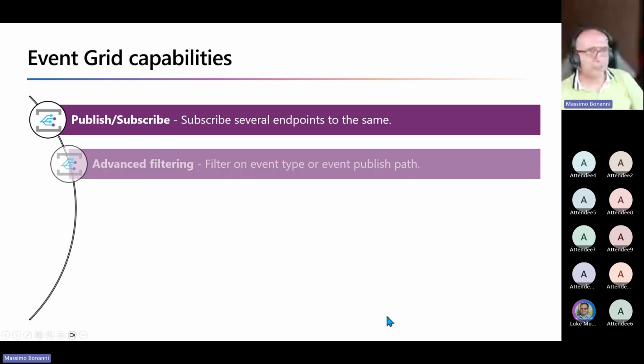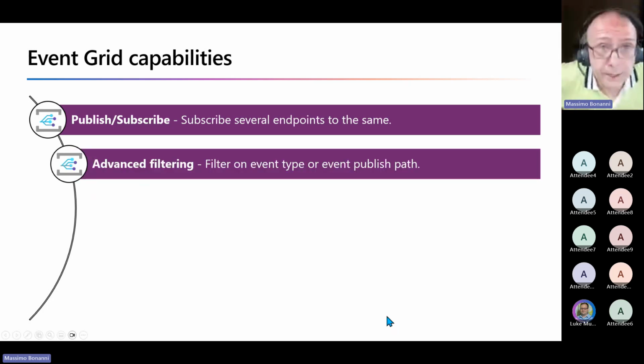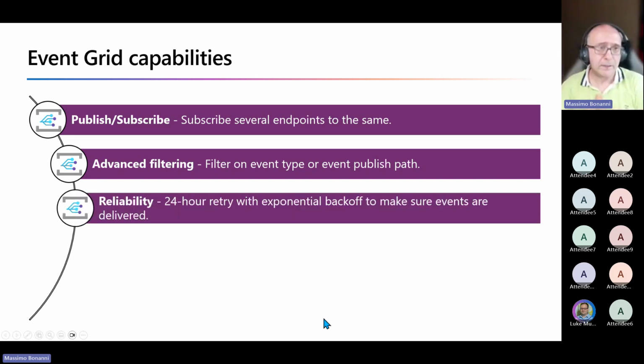You can filter events, so you can say, I want a subscriber to receive events with this category or these characteristics, for example with some data in the data property, and another subscriber receives another kind of event. You can also create retry policies.